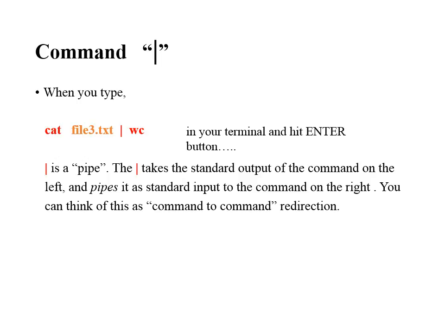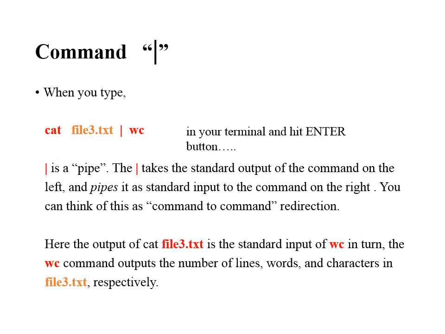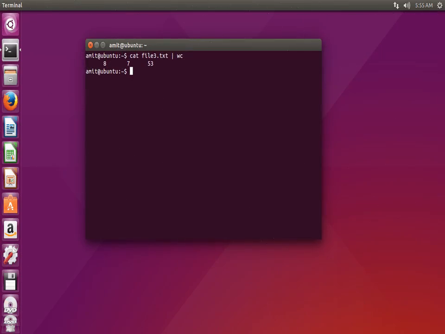You can think of this as command-to-command redirection. Here the output of cat file3.txt is the standard input of wc. In turn, the wc command outputs the number of lines, words, and characters in file3.txt, respectively. As shown in the picture.